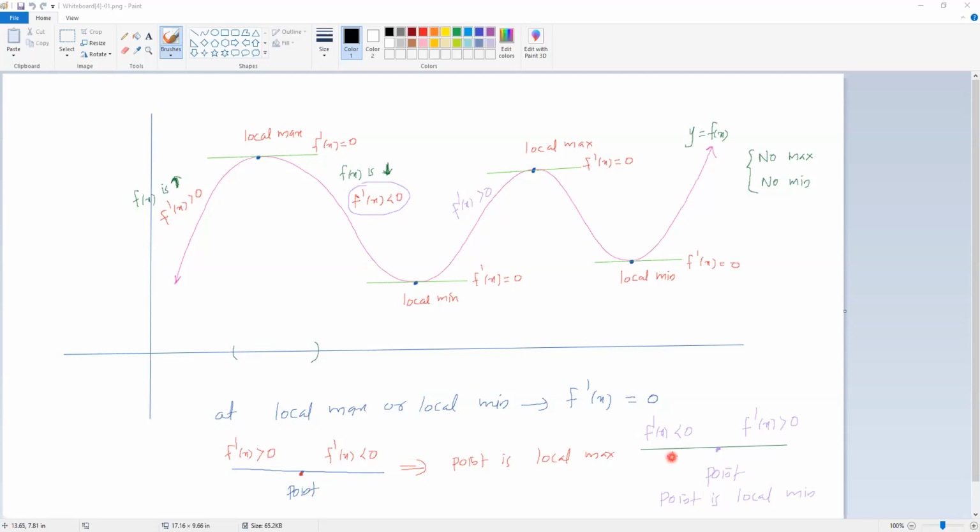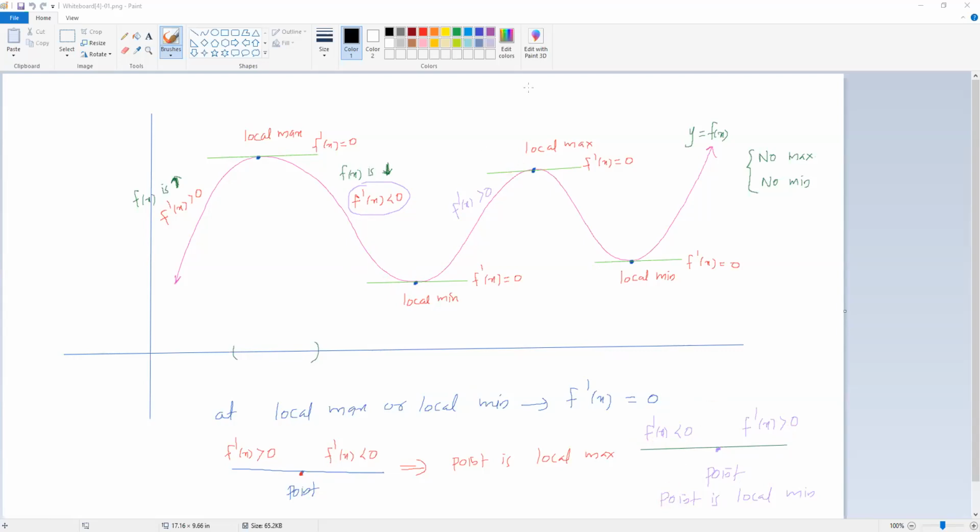For a local minimum, on the left side the function is decreasing, meaning derivative less than 0, then on the right side the function is increasing, meaning derivative greater than 0. So if the derivative is less than 0 on the left and greater than 0 on the right, it is a point of local minimum.